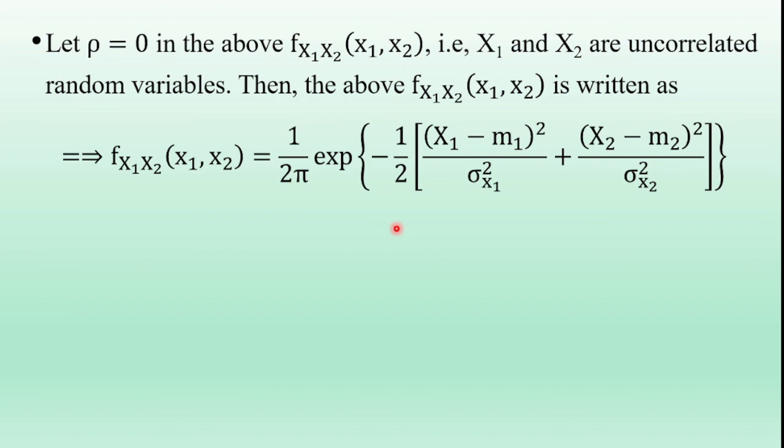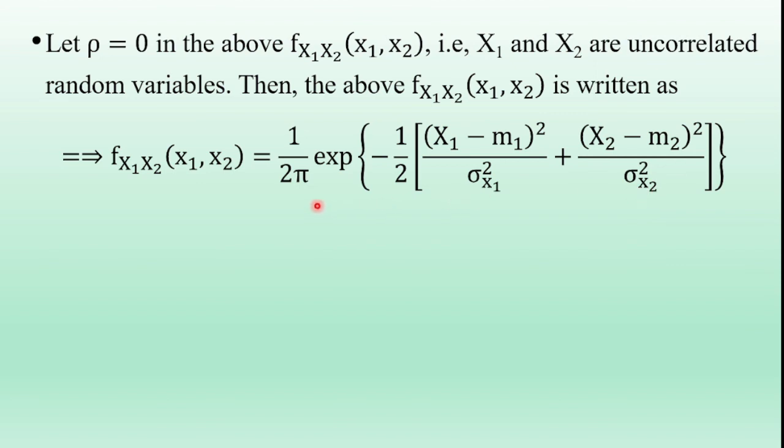Substitute rho is equal to 0 into the above expression, and we get the joint density function f x1 x2 of x1 comma x2 is equal to 1 by 2 pi exponential of minus 1 by 2 into [(x1 minus m1) whole square by sigma x1 square plus (x2 minus m2) whole square by sigma x2 square].